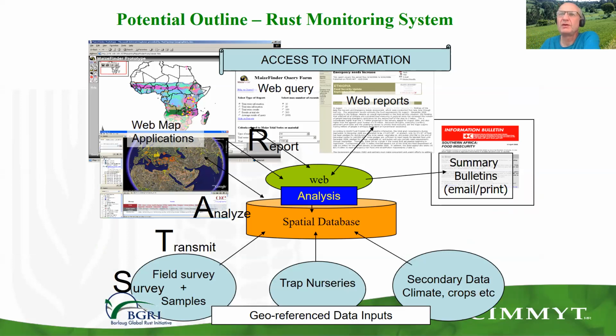So we saw we needed georeferenced data inputs, we needed a spatial database that could handle everything, needed to be able to do some analysis, but we also needed a set of tools as outputs for access to information, so maps and charts and graphs and reports.